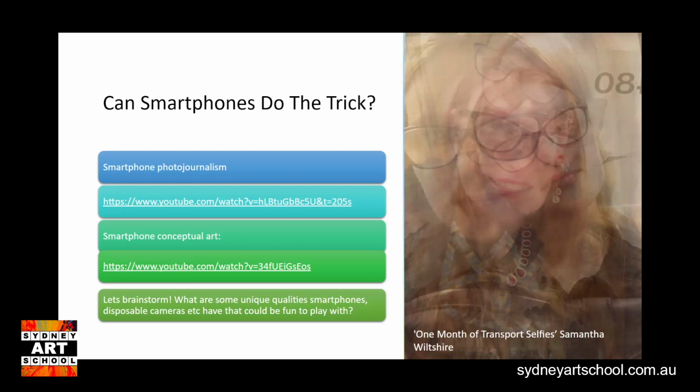Now your cheapest basic phone is going to have more megapixels than that. So the technology has moved very fast, and with every new generation, smartphones are getting better and better.